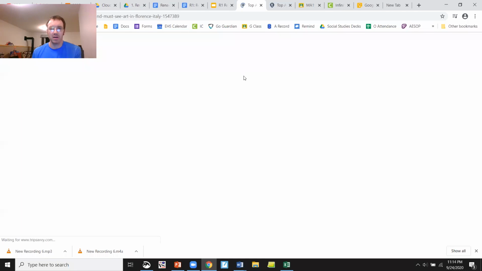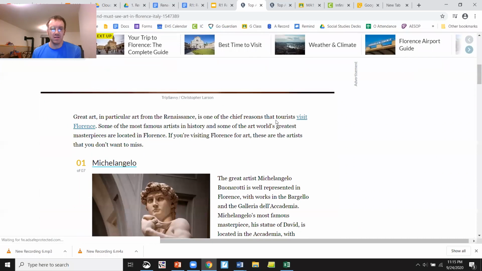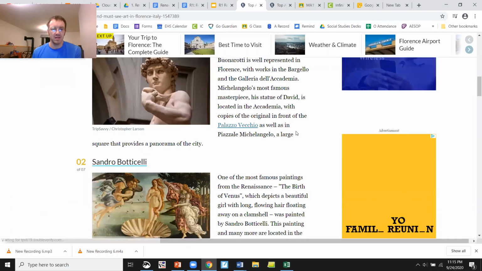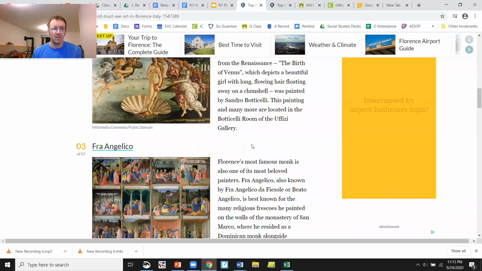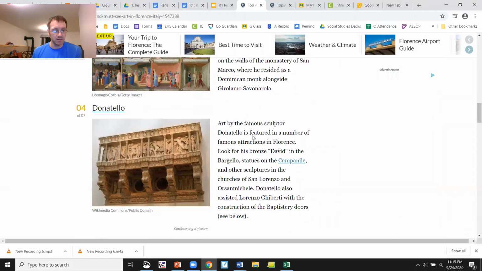And so if we look, even today, if you go to Florence, some of the things that you'll see, the artists that came were amazing. You had Michelangelo was there. Just an amazing artist. Botticelli, who's a great artist as well. Fra Angelico. I don't know that person as well. Oh, monk. Interesting. Donatello.